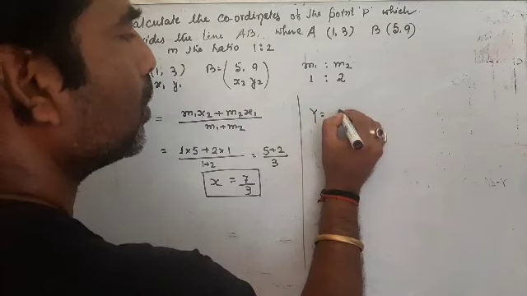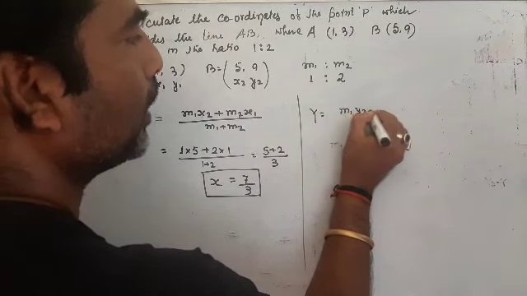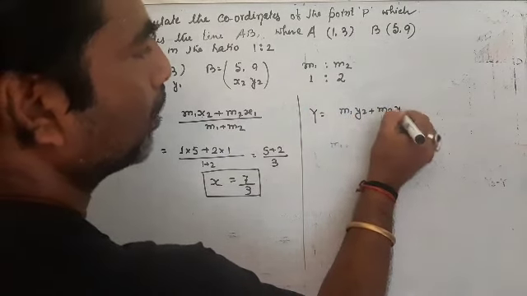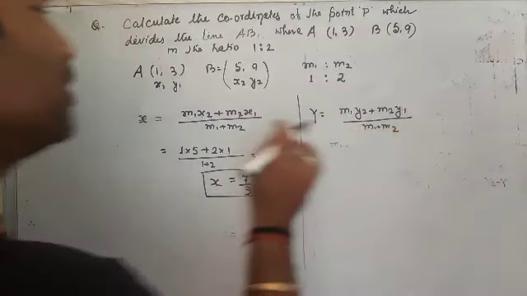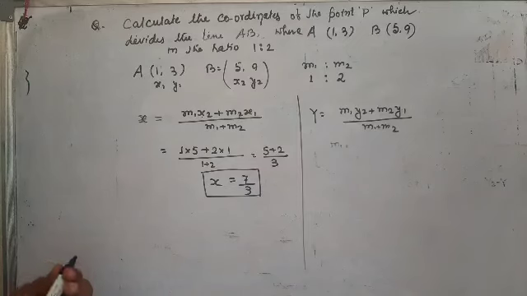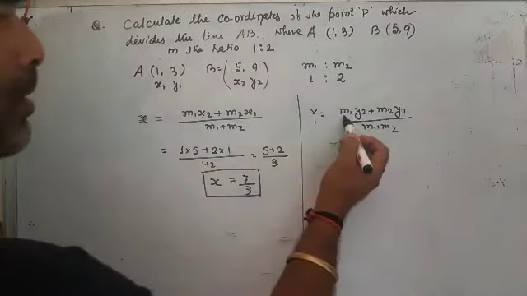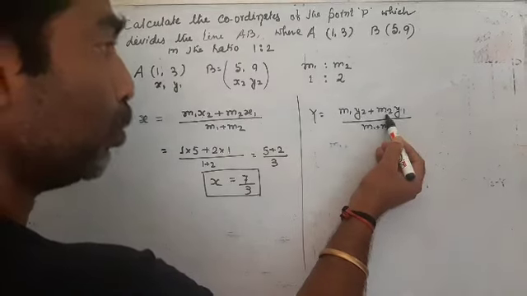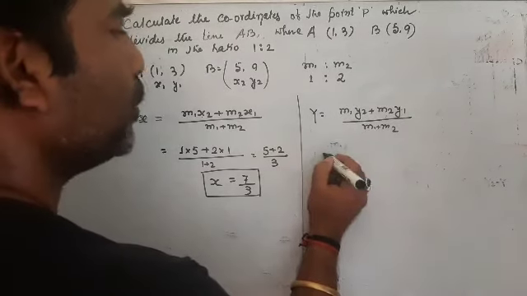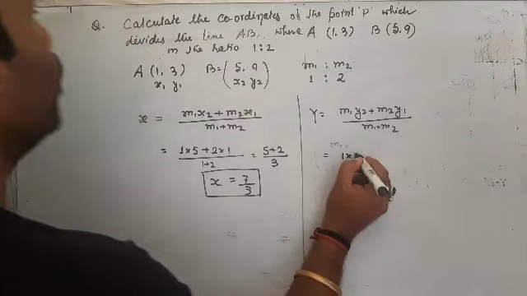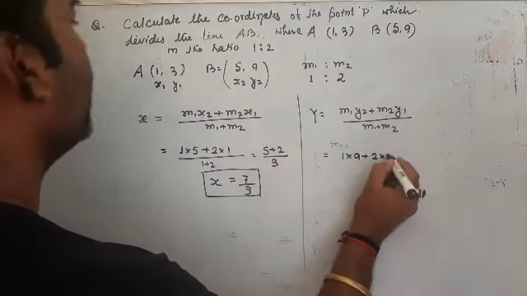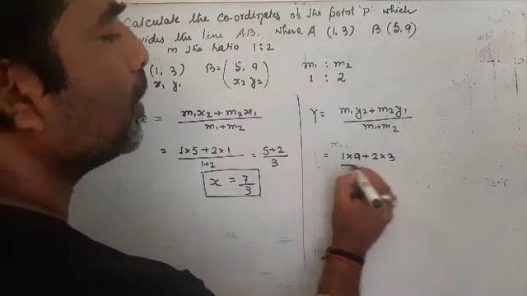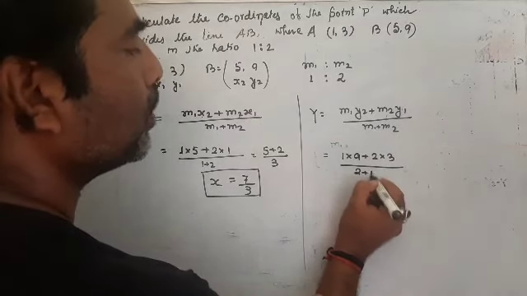Y is equal to what? If you take m1 then you take y2, if you take m2 then you take y1, by m1 plus m2. The formula is so easy. Write it 2 or 3 times, you can easily understand. So m1 is 1, y2 is 9, m2 is 2, and y1 is 3, by 2 plus 1.